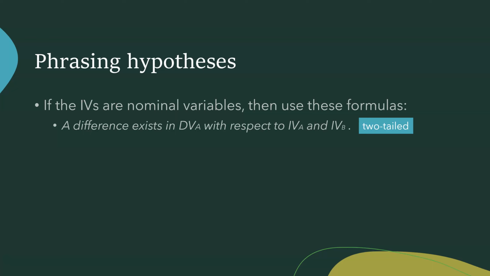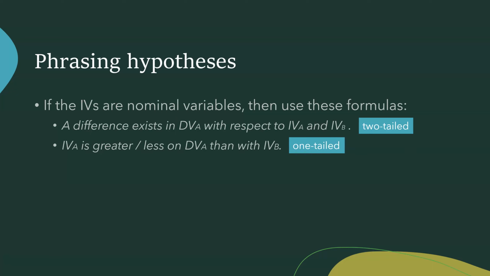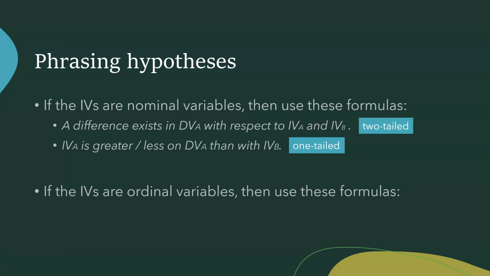But let's talk about this. So if you have an independent variable with a nominal variable, you can say a difference exists in dependent variable A with respect to independent variable A and independent variable B. Or, to make a one-tailed test out of it, independent variable A is greater or less on dependent variable A than with independent variable B. If the independent variables are ordinal, try using these formulas.